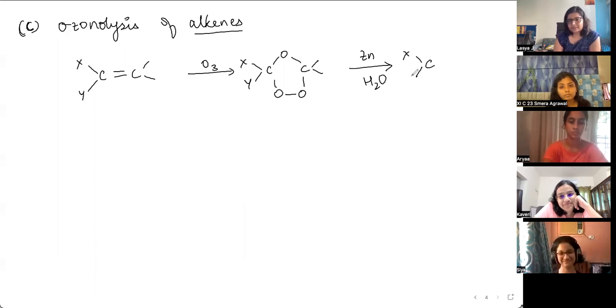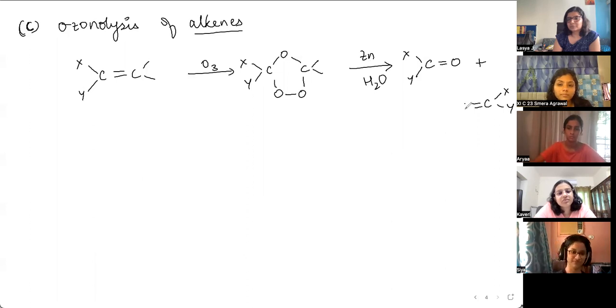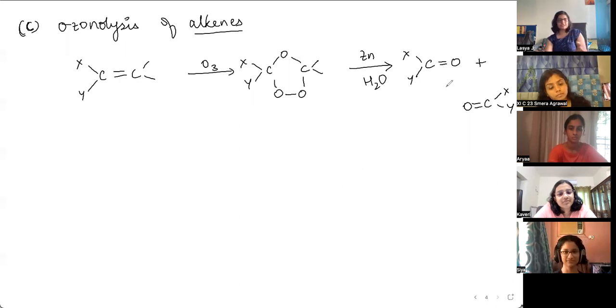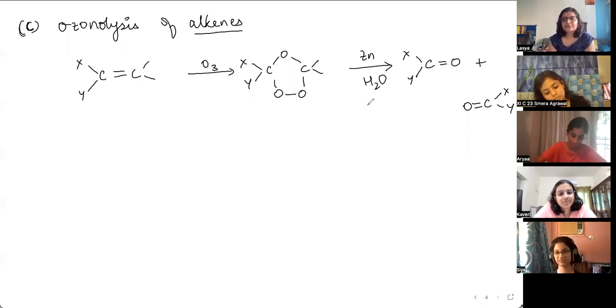You get the same X and same Y, with a double bond O, and the same thing on the other side, X, Y, double bond O. So if you want a specific aldehyde or ketone, you select the alkene that has those particular atoms on each side of the double bond.